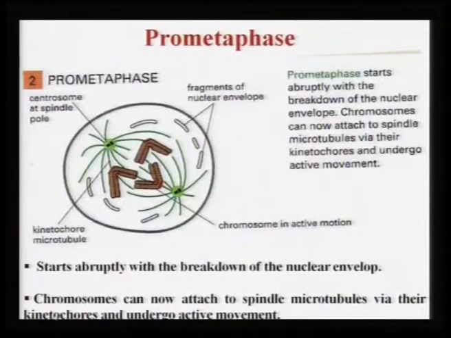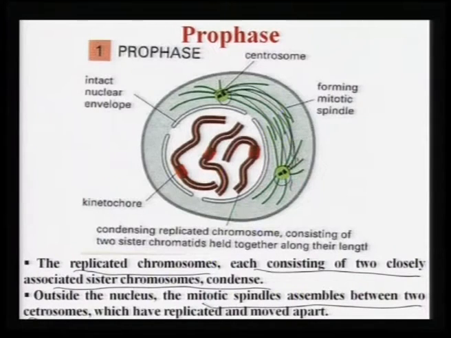Let us see what happens in the pro-metaphase. It starts abruptly with the breakdown of the nuclear envelope. If you go back to the prophase, the nuclear pore complexes are there, remember, and the nuclear membrane is also intact.